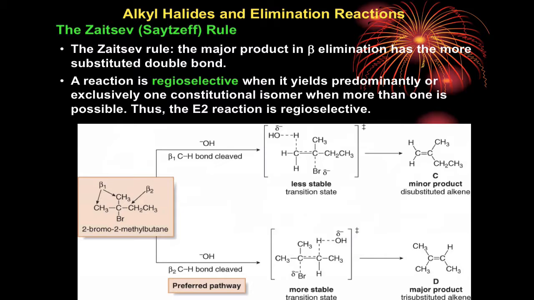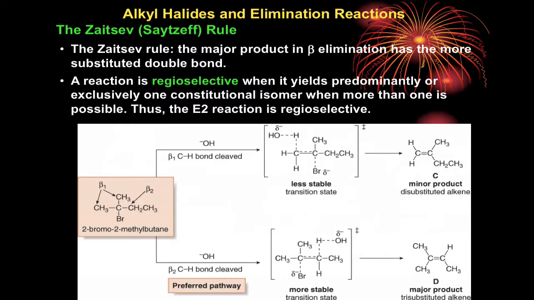And what do we know about alkene stability? The more substituted it is, the more stable. So if this transition state is starting to look like a more substituted alkene, and this one's starting to look like a less substituted one, this is more stable, right? So what's that going to do to the transition state energy? It's going to lower it. And if I lower the energy of activation, I speed up that reaction, right?